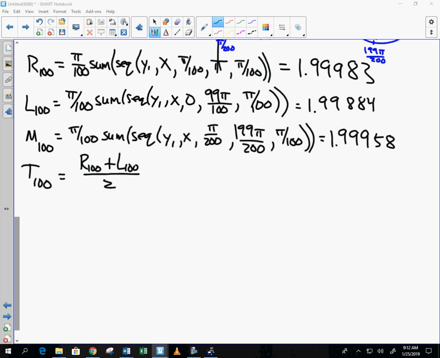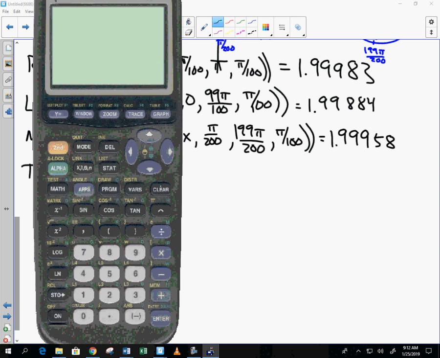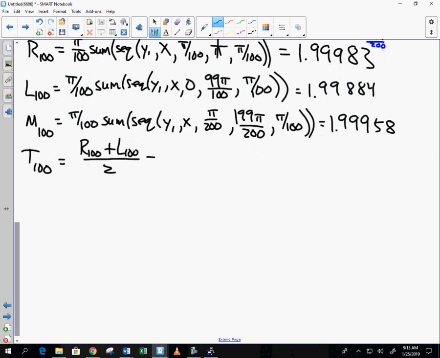That's all we need to do. 1.99983 plus 1.99884, enter, divided by 2, and I get 1.999335. So it's teaching you how to move from left to right to midpoint. You're still doing all the work, aren't you? You're just coming up with a more exact answer.